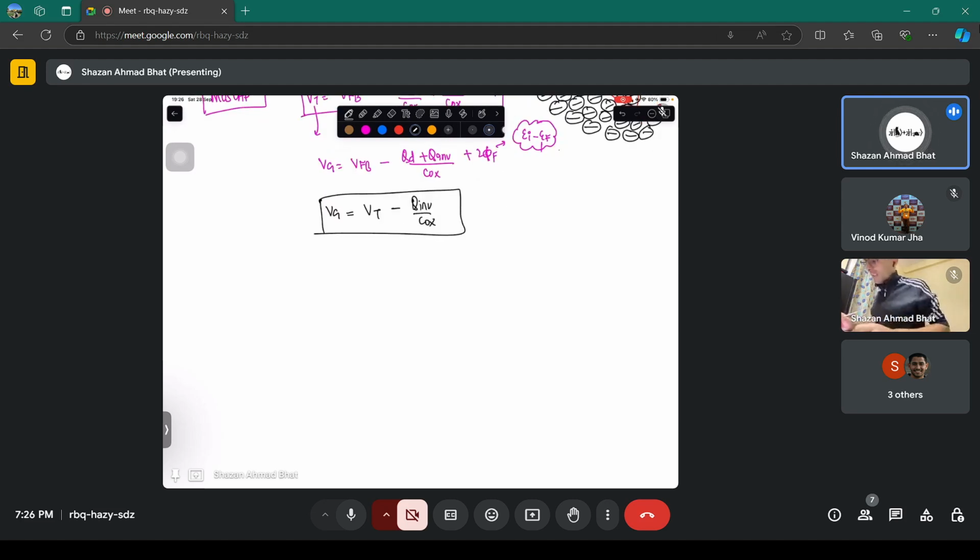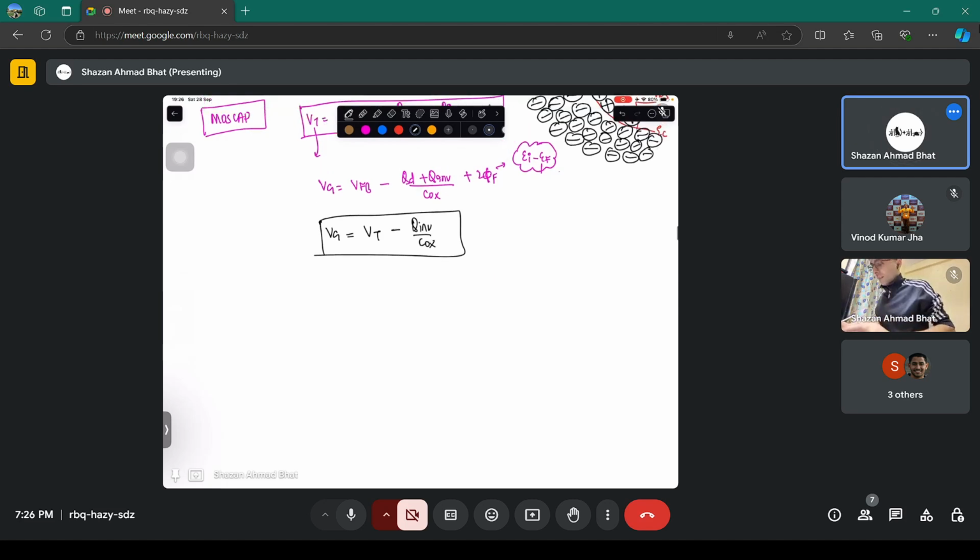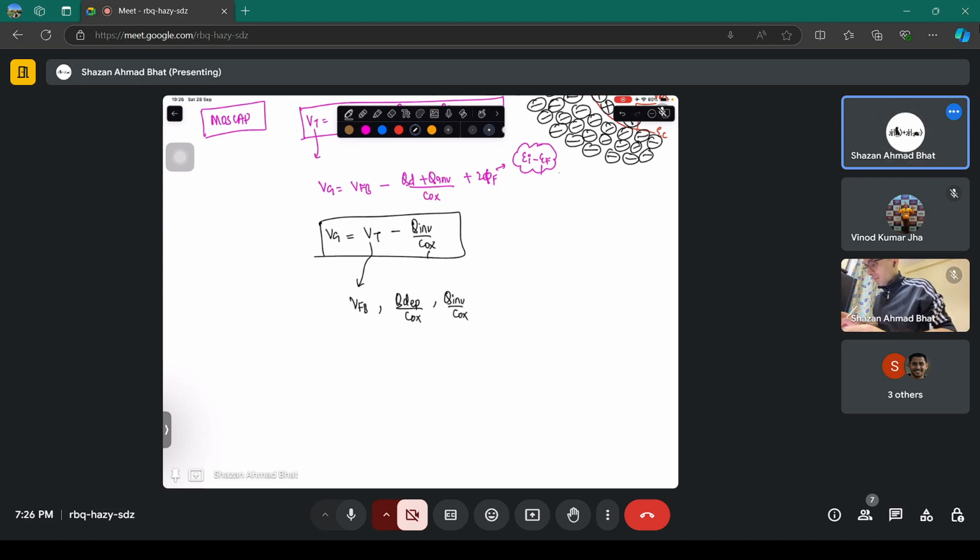And what does this equation mean? This equation basically means that whatever gate voltage you apply is going to drop in the device. That is going to drop in what things? First, to make the bands flat. Second, to make the depletion charges. Third, to create inversion. That is the overall drop in the gate voltage you are going to apply.